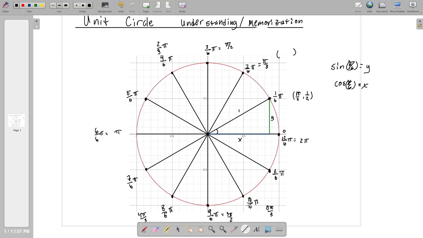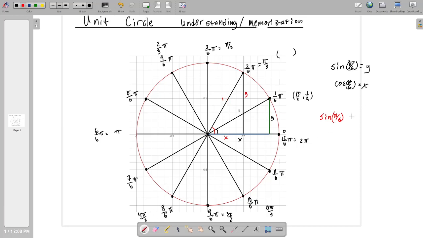So again, we draw a vertical line, make a right triangle. Now we have this angle here. We'll do this one in red, which is pi over 3. Again, the radius is 1. Our y distance is this vertical line, and our x distance is this horizontal line. Again, sine of pi over 3 is going to be opposite over hypotenuse.